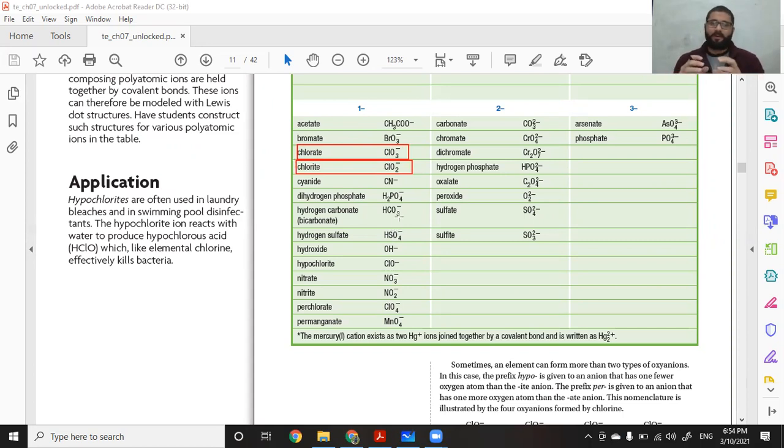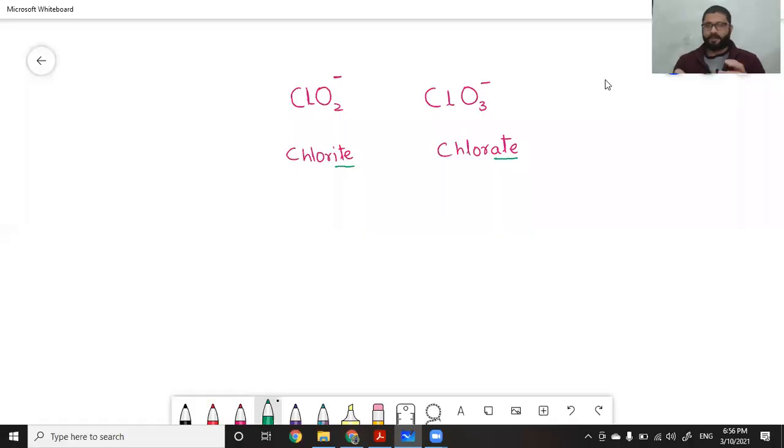If there are fewer oxygen, the name will end with ITE. If there are more oxygen, the name will end with ATE. ClO2 is known as chlorite, while ClO3 is known as chlorate. The name ends with ATE.